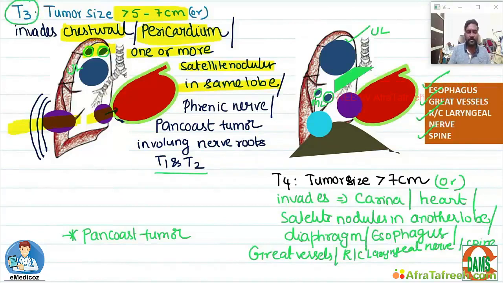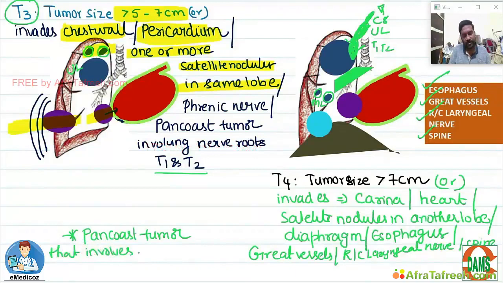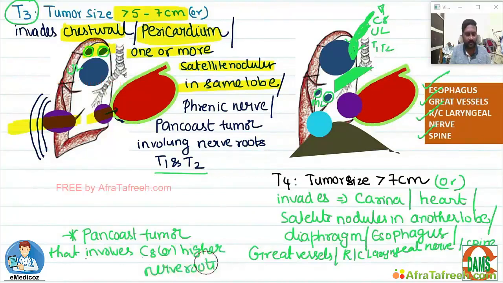So higher than that: suppose this is a Pancoast tumor at the lung apex, so it can involve T1, T2. If it extends further, it can involve C8. Still further, it can involve higher roots. So a Pancoast tumor that involves C8 or higher nerve roots.